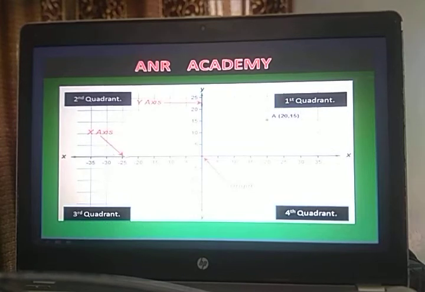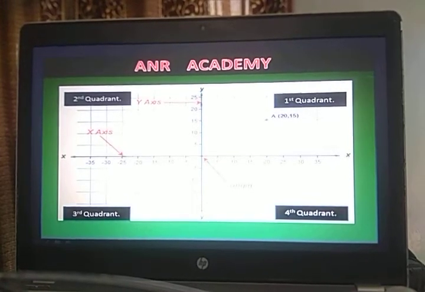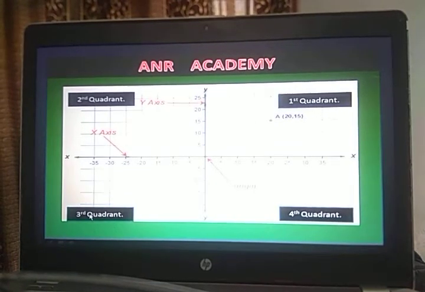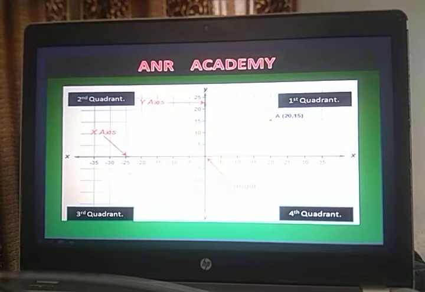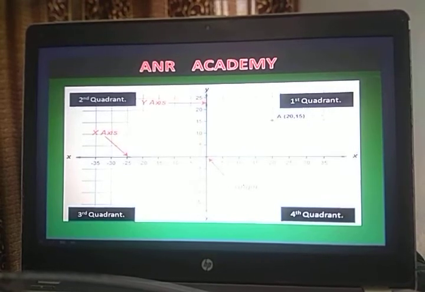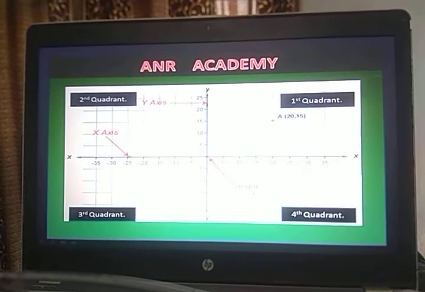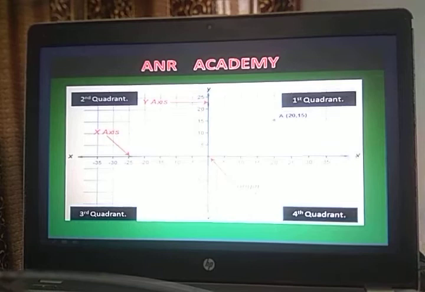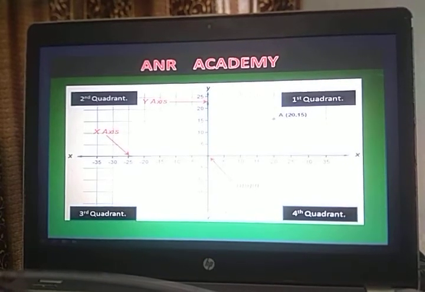And in the third quadrant you have both x and y minus. Whereas in the fourth quadrant you have x plus values and y minus values.